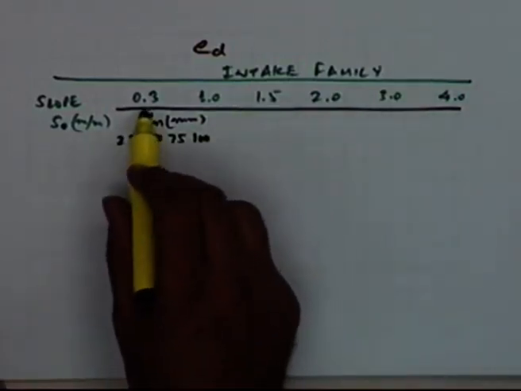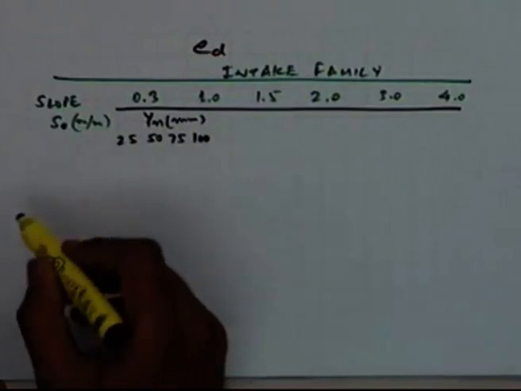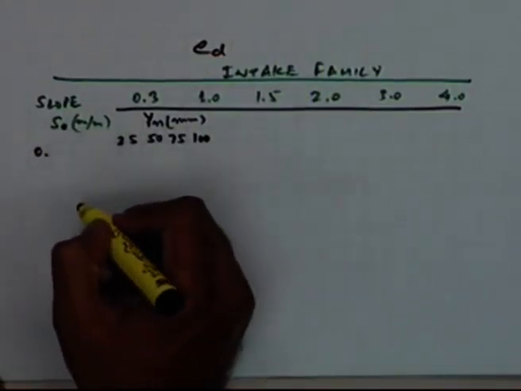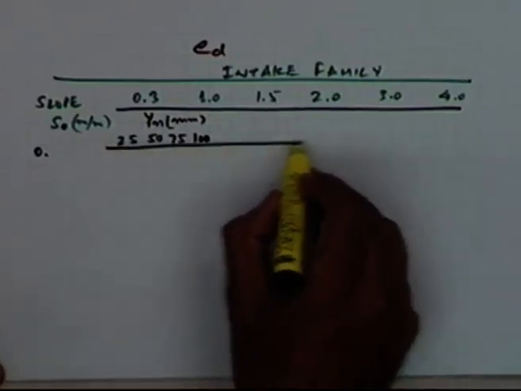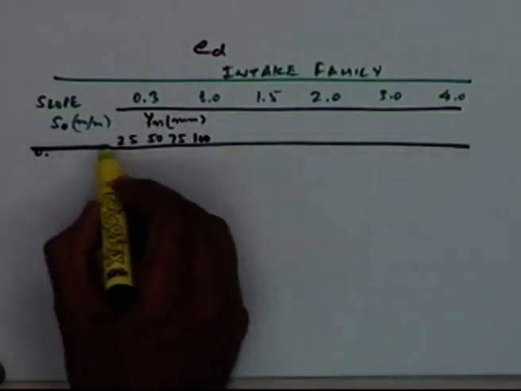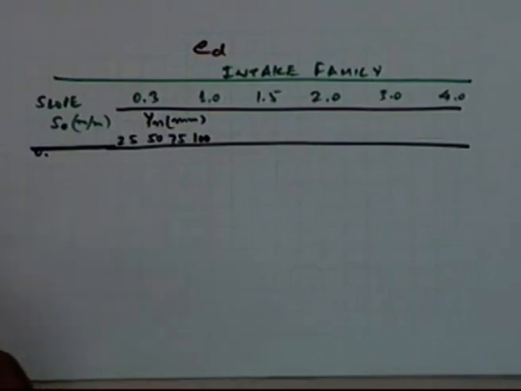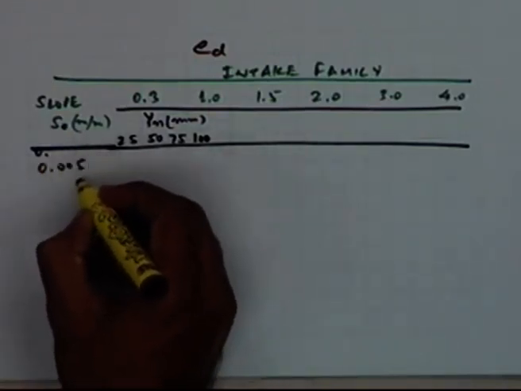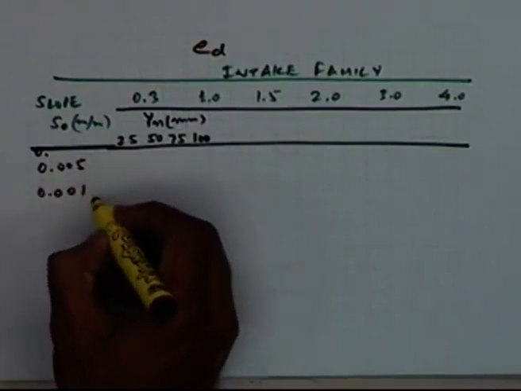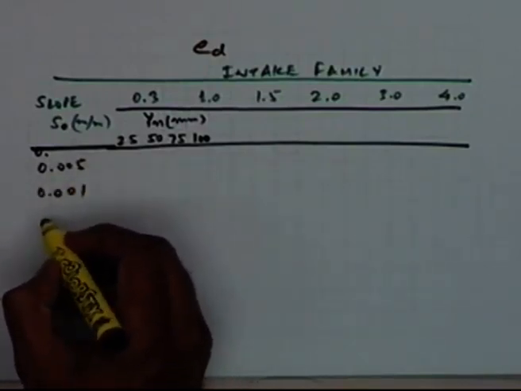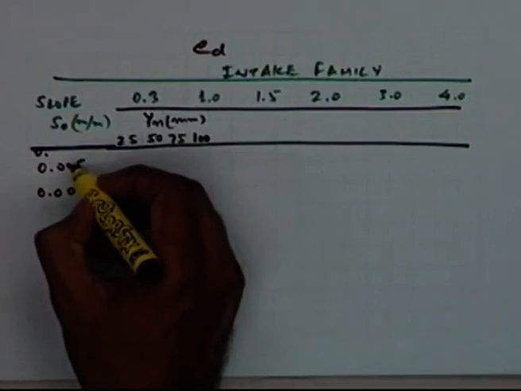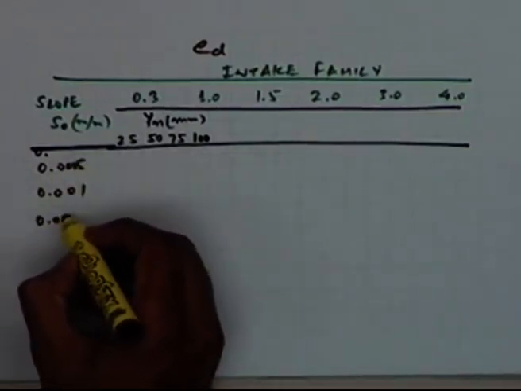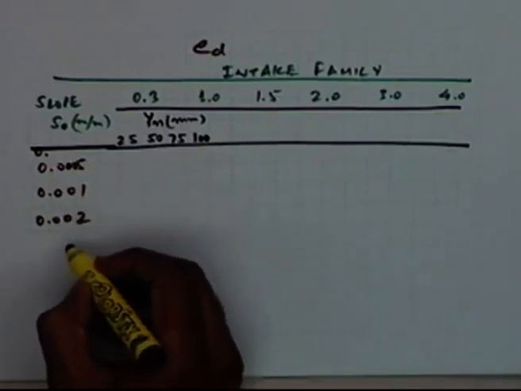So, dependent on the intake family and the value of the slope, there are different prevailing slopes, and the range can be quite large.